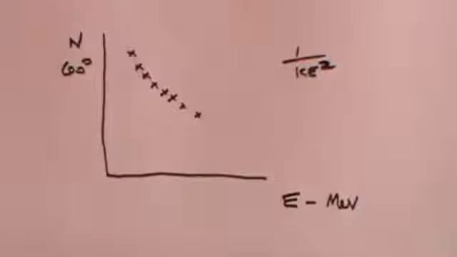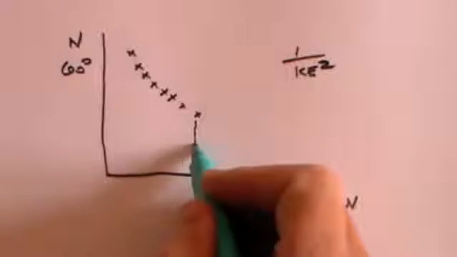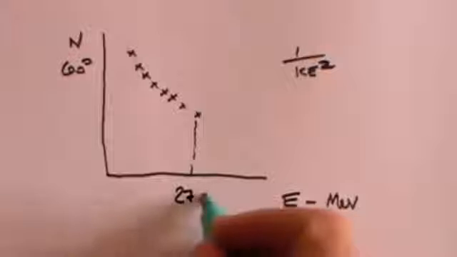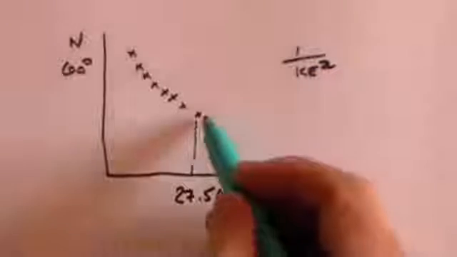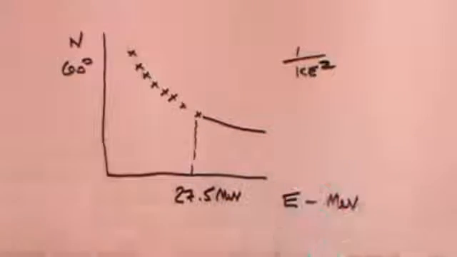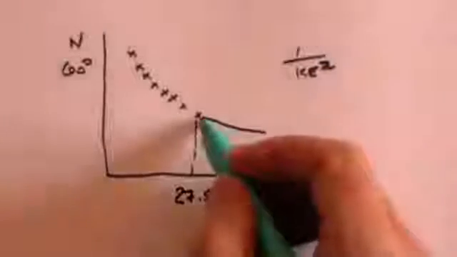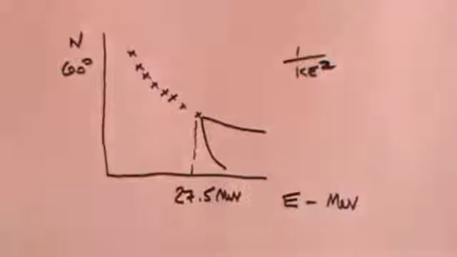The number falls off as the inverse of KE squared, until they got to the energy 27.5 MeV. Once they got to that energy, something rather odd happened. Instead of the curve continuing as you would have expected like that, it actually fell off dramatically like that. As the energy increased, so the number of particles deflected through 60 degrees fell off rapidly.